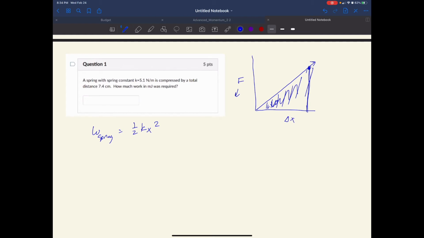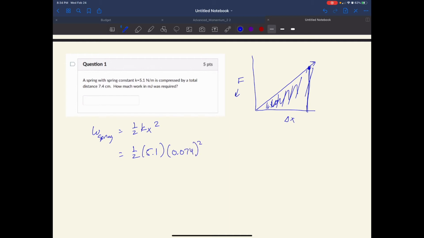Well, anyways, they give you the k and they give you the x, which means this is a straight plug and chug question. You got 1/2 k, and that k value is given as 5.1. The x value is given as 0.0474 because it's 7.4 centimeters, and we're going to square that.